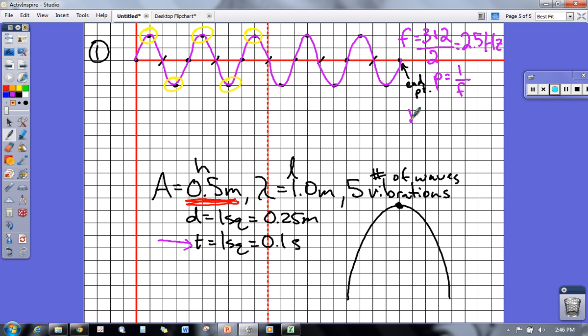So P is going to equal 1 over what we just calculated, 2.5 hertz. And when you put that in your calculator, if you have it, 0.4.